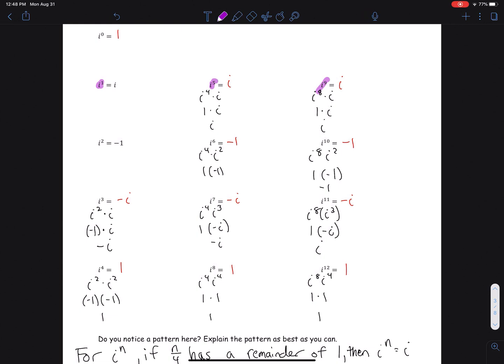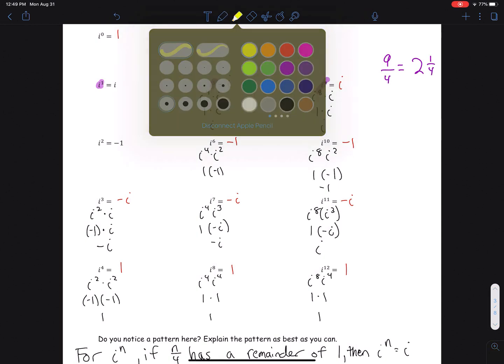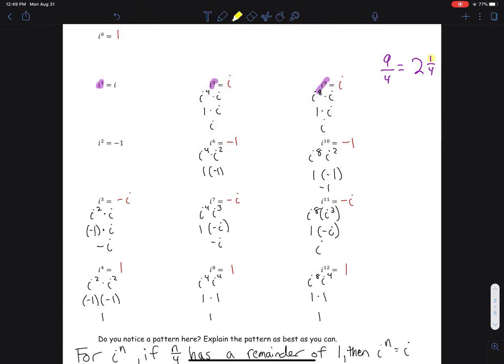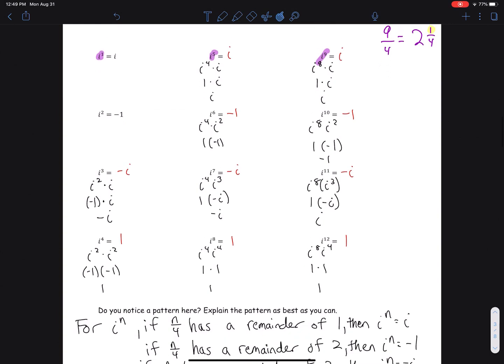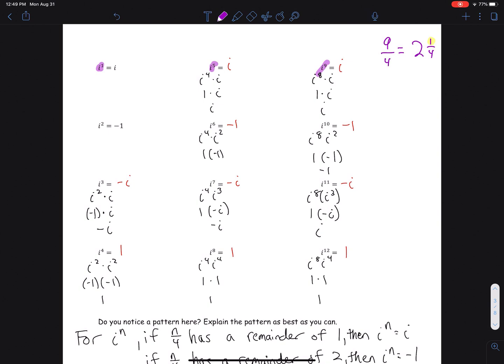It keeps going. 9 divided by 4 would be 2 1/4. That remainder there is a 1. Remainder of 1. So if you have a remainder of 1, it'll also be 2.25. You can see that 0.25 is 1/4, a remainder of 1.